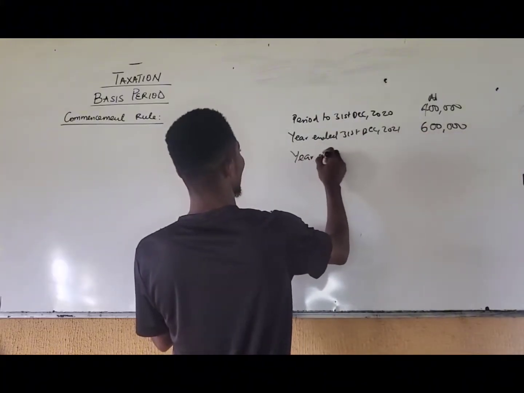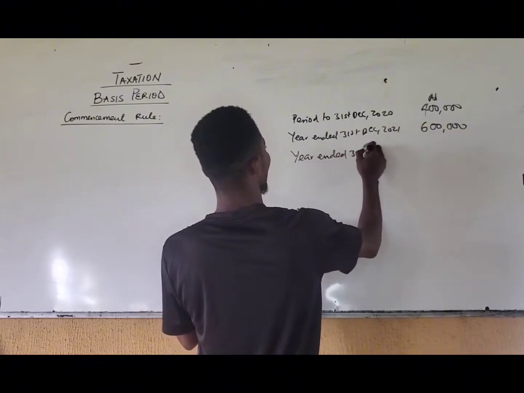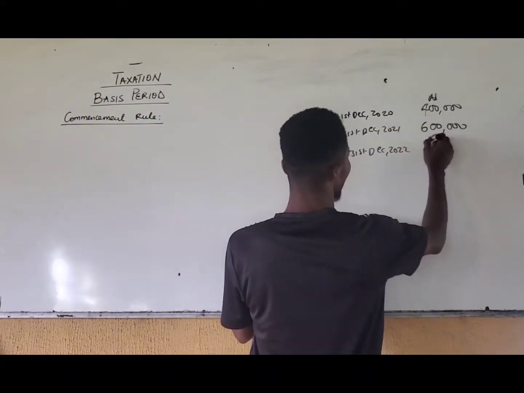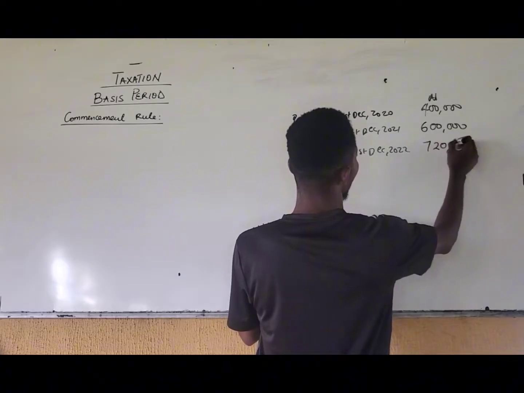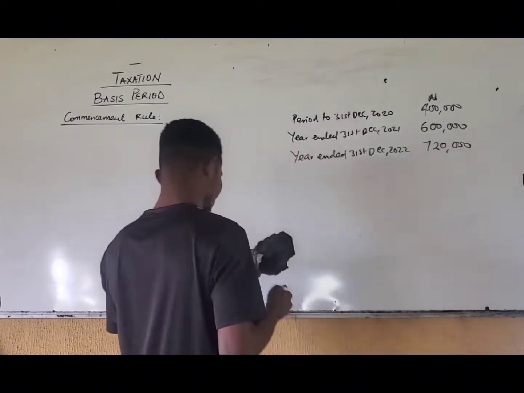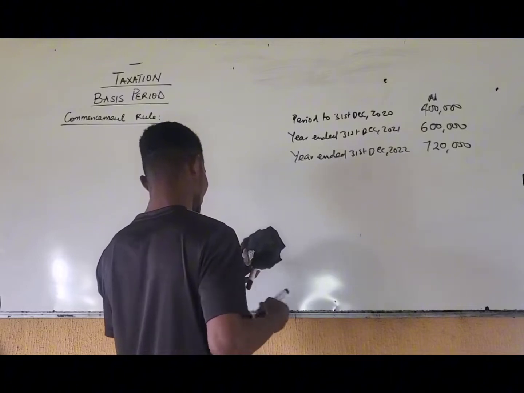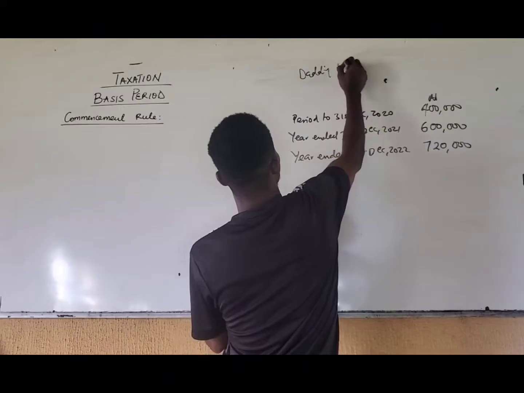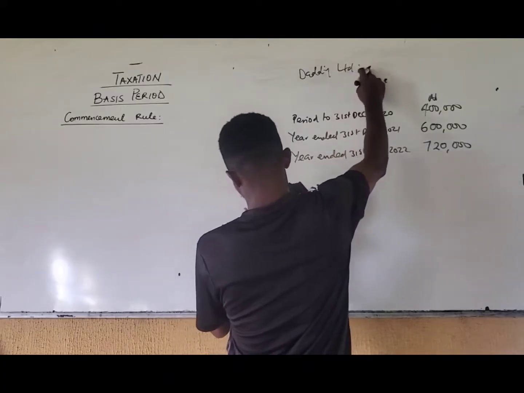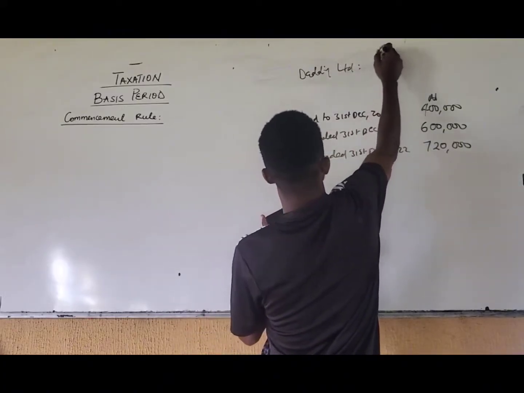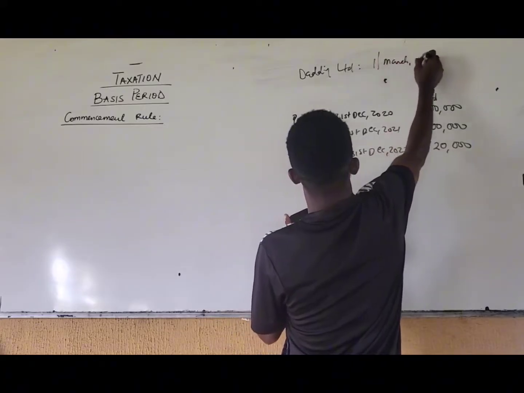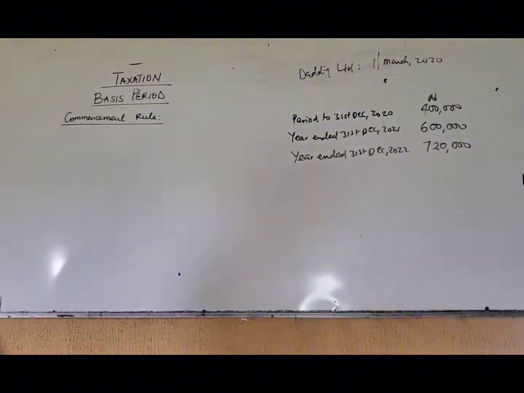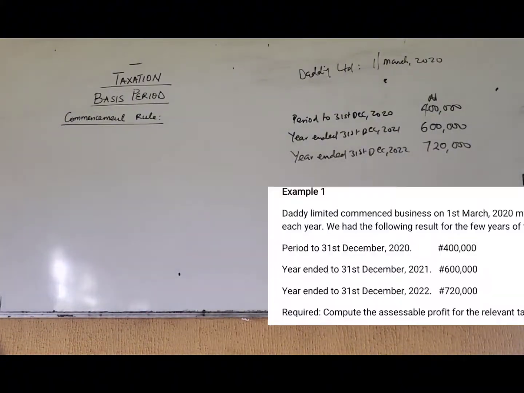Year ended 31st December 2022, they made 720,000 naira. Required. So take note, Daddy Limited, it started when? They started the business 1st of March 2020. So required, compute the assessable profit for all the relevant years.